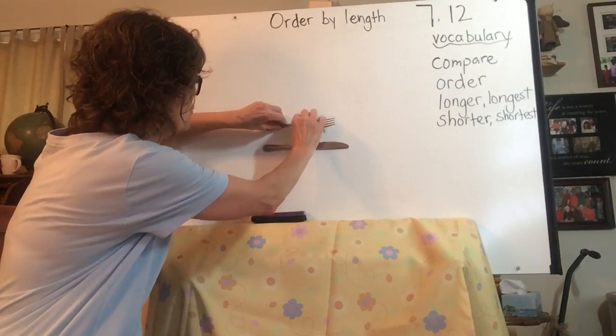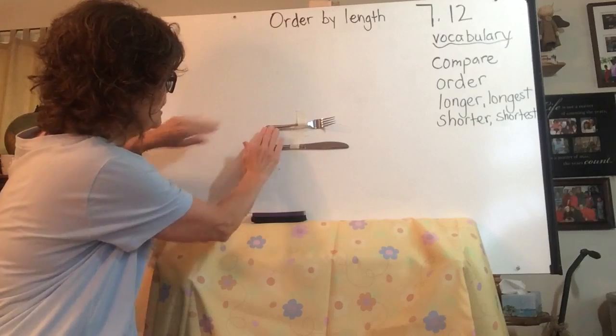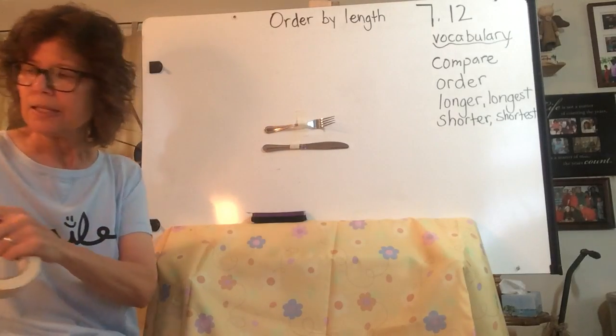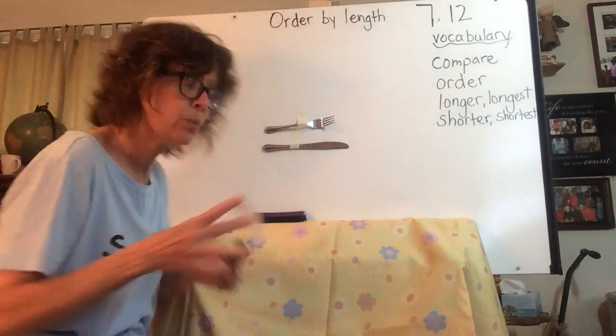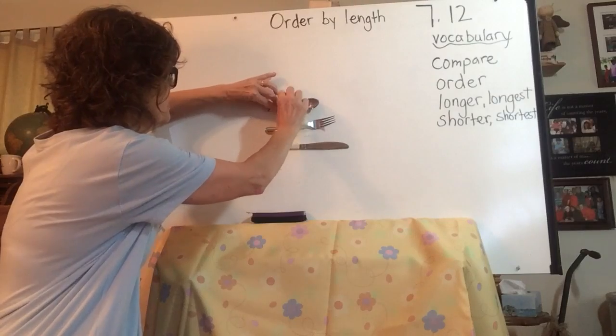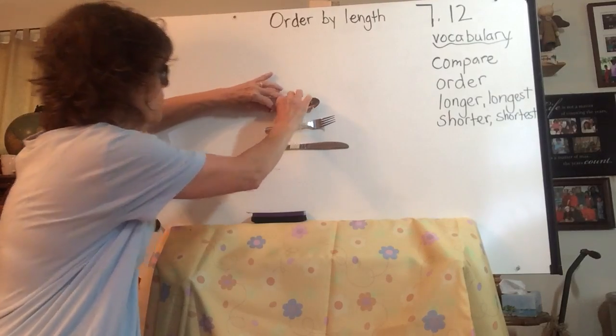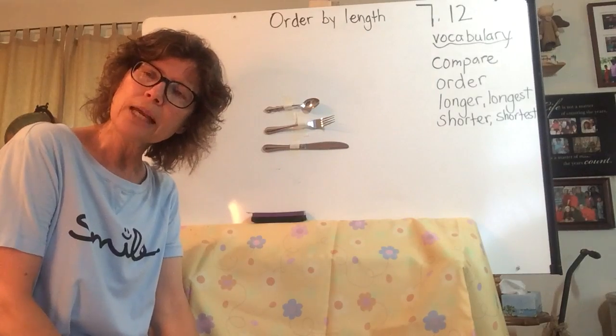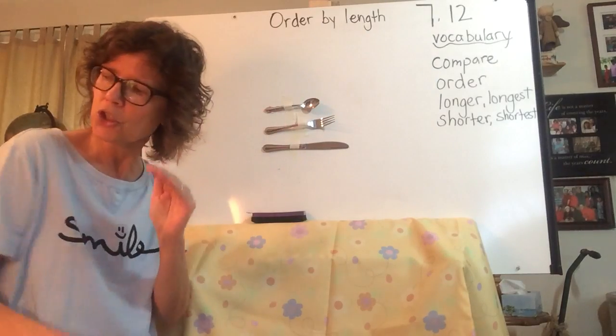Again, when I'm measuring and lining them up, they have to be even. Otherwise, you won't be sure which one. And this time we're going to do it differently. We talked about longest to shortest. Now we're going to label it shortest to longest.